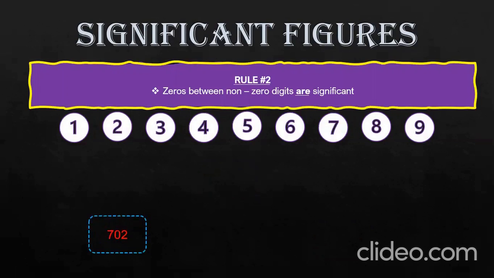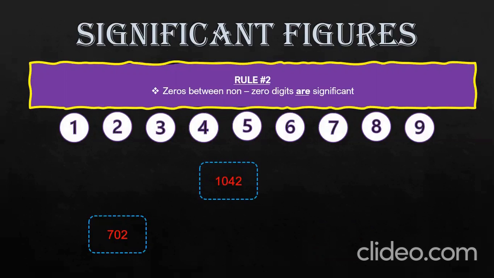This number has 3 significant figures. The 7 is the first significant figure, 0 is the second significant figure, 2 is the third significant figure. The 0 is falling between 2 non-zero digits, so it becomes significant. What about 1042? That has 4 significant figures, 1, 0, 4, and 2.